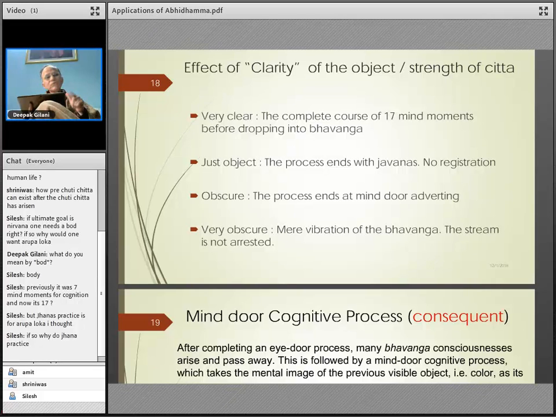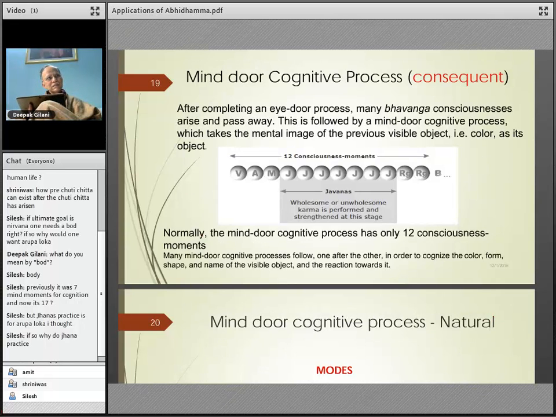Of course, every sense door process will be followed by a mind door process. Because it is at the mind door process that the analysis happens, perception arises and things of that kind will arise. So after every sense door process, many bhavangas arise and pass away, and this is followed by mind door cognitive process, because then the mind evaluates what is happening.